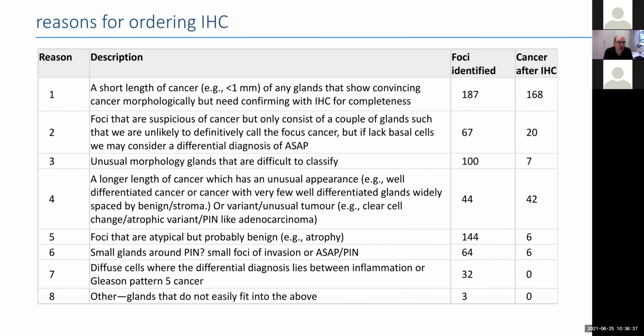So you see here, short length of cancer, that's the case I just showed you in panel A. Unusual morphology that is difficult to classify is another example. I'm not going to go through these very specifically, but I just want to illustrate what upfront work we did jointly with pathologists before we actually did annotation and then subsequently learning a model.